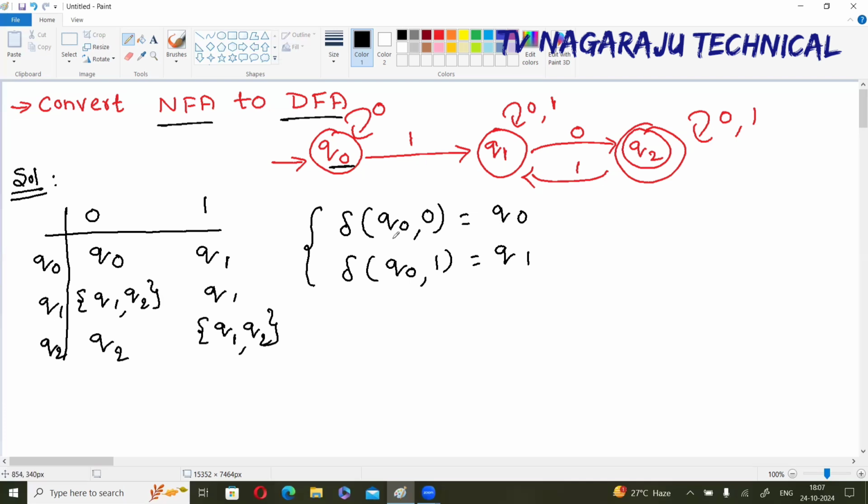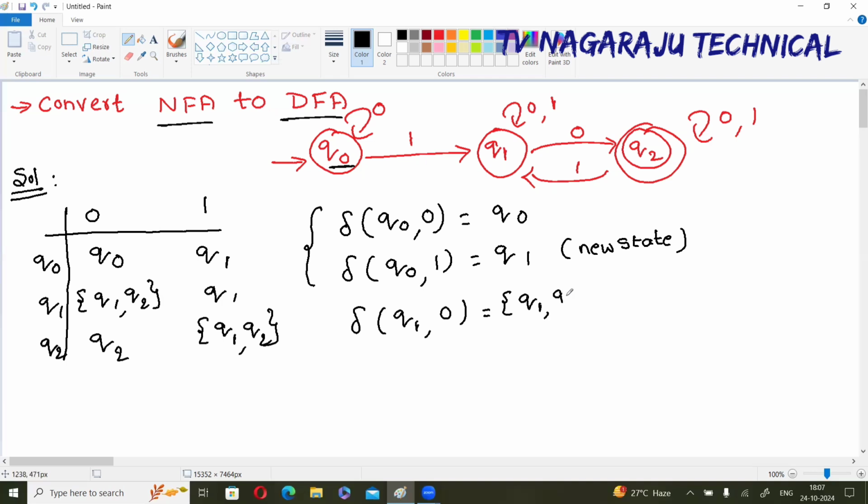Next step. After Q0 on 0, we are getting Q0. Till now, you know Q0, no problem. Q1 is the new state. Whenever a new state occurs, again make the transitions with the new state. See this one? Delta of Q1 on 0. What is Q1 on 0?